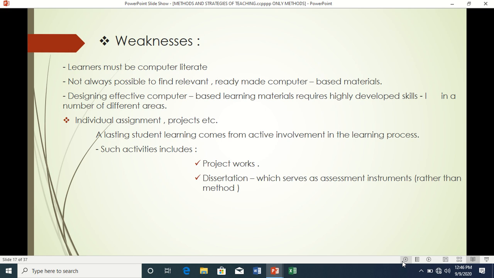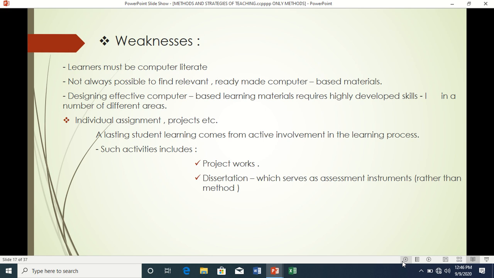You agree with me that it is not always possible to find relevant, ready-made, computer-based materials. Somebody has to sit down and then write a program, and it is not easy to lay one's hands on these ones.